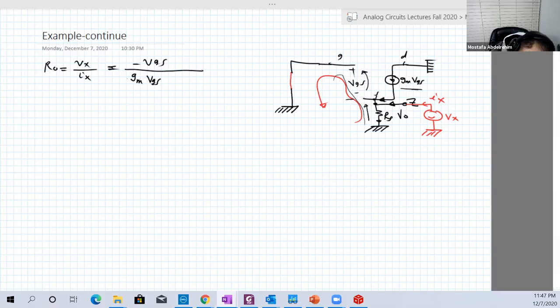I'm sorry, this should be minus, because Ix is equal to the current that is going out of the node, which is the current across RS, minus the current into the node, which is GM VGS. So the current in RS is Vx over RS, and Vx is minus VGS, so this is again minus VGS over RS.